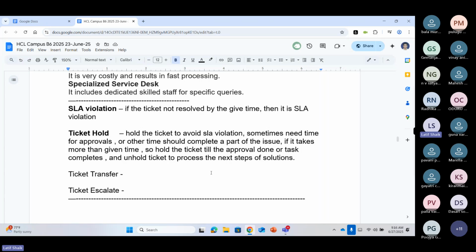You can use different options to move to the next levels, because you may not be able to resolve it, and don't just wait and leave it like that. Better to do some escalations, transfer, discuss with your team leader, discuss with other team members for resolution.